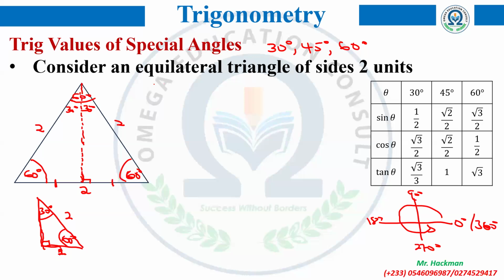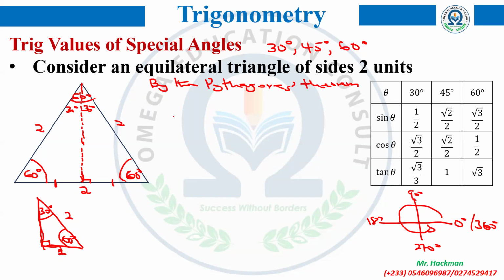So by the Pythagoras theorem. Pythagoras is capital P, so don't forget. The apostrophe comes after the S, not before.